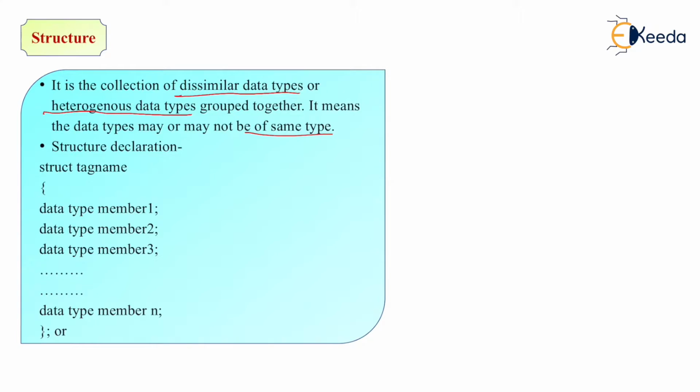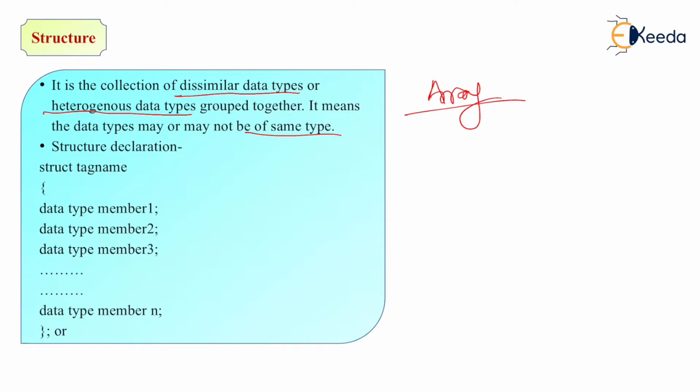We have seen one data structure, that is the array, but in an array we store similar data types. But if you want to store data items of different data types, then you can form a structure of those elements.